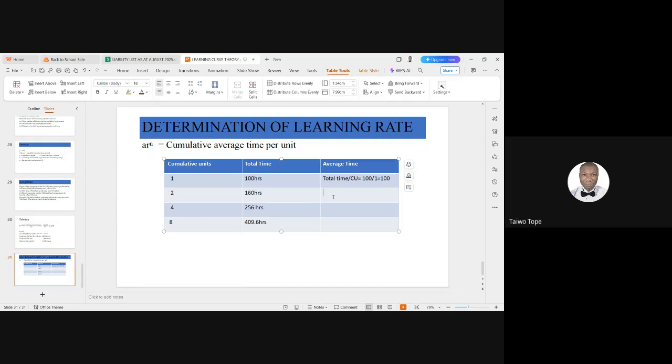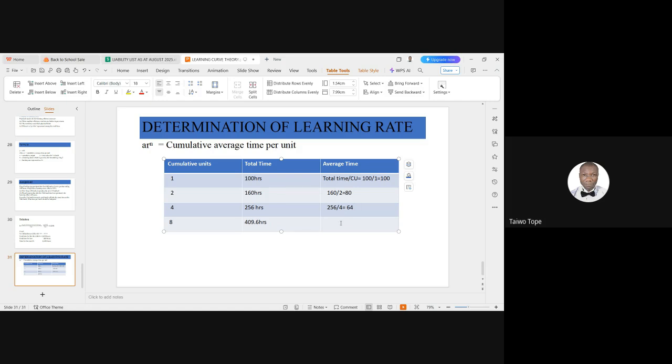When you have a cumulative unit of 2 and the total time is 160 hours, your average time will be 160 divided by 2, which is 80. When you have a cumulative unit of 4 and the total time is 256, the average time will be 64.